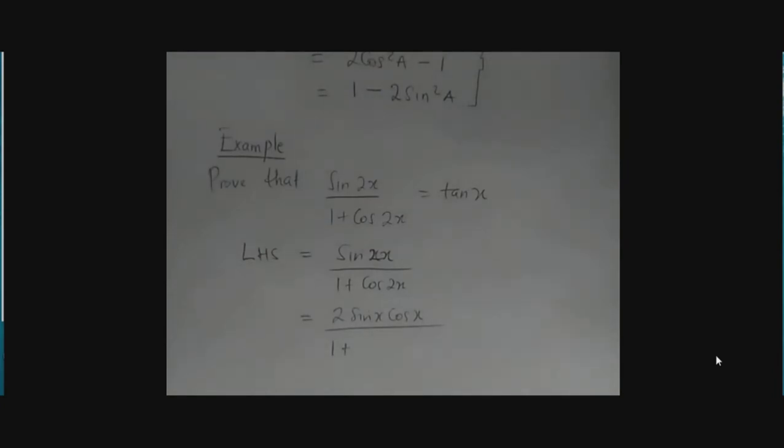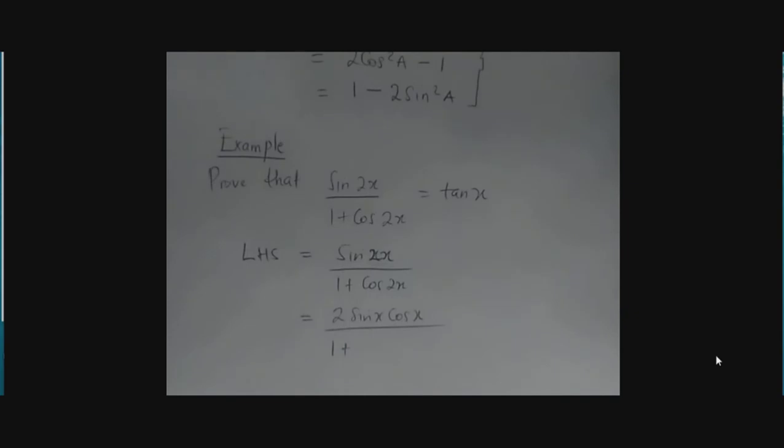In this case, the identity that I need to use is the identity that will give me cos on the denominator, since I know sine over cos from my quotient identity, which gives me tan. Remember, tan theta equals sine theta over cos theta. So that is where I'm leading to.